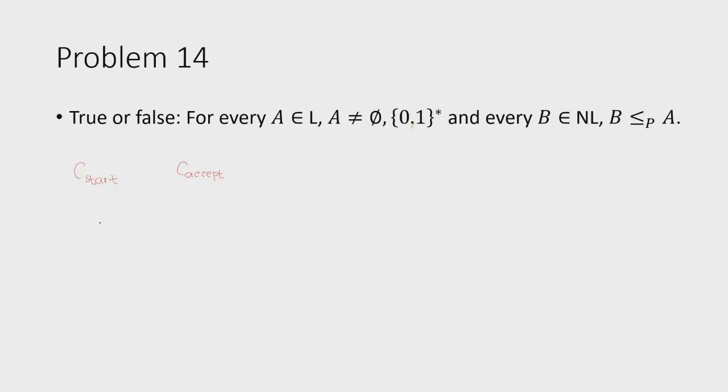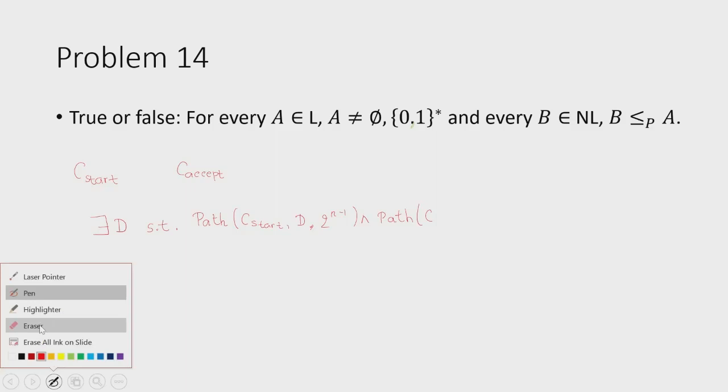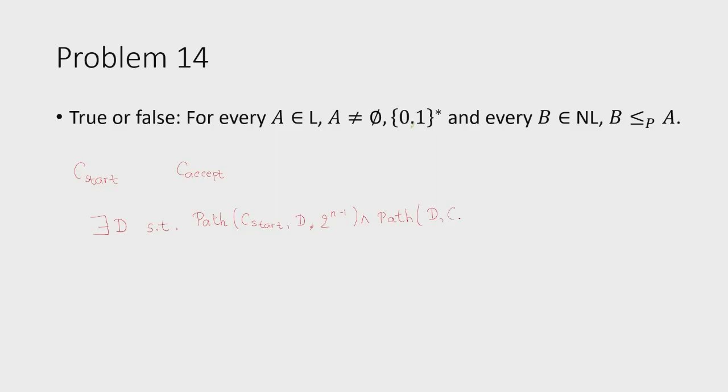And so I think the normal way to do it is this, right? There exists D such that Path(C start, D, 2^(n-1)) and Path(D, C accept, 2^(n-1)).